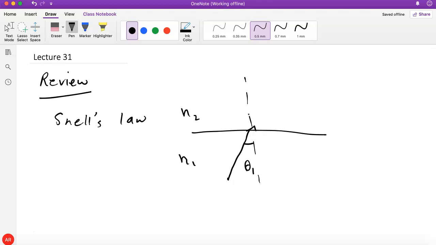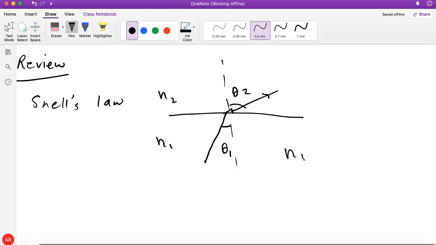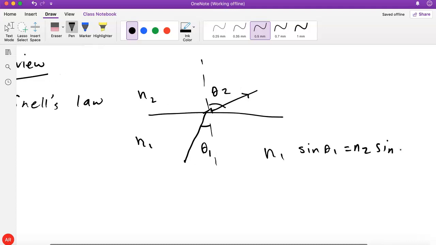So if n2, for example, is smaller than n1, you bend away from the normal. Something like this happens, theta 2. And the relationship is n1 sine theta 1 is n2 sine theta 2.